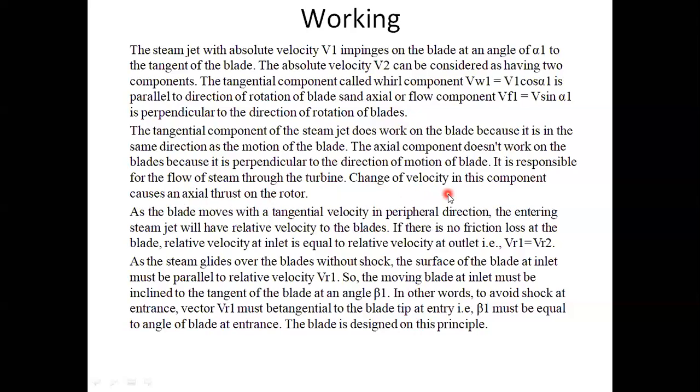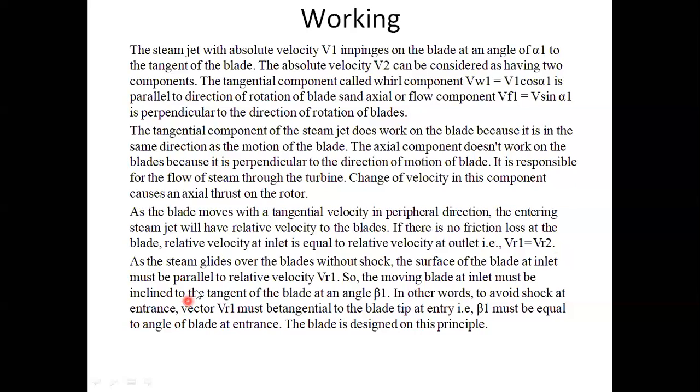Changes of velocity in this component cause axial thrust on the rotor. Now, as the blade moves with tangential velocity, the entering steam jet will have a relative velocity to the blade. If there is no friction loss at the blade, relative velocity at inlet is equal to relative velocity at outlet.